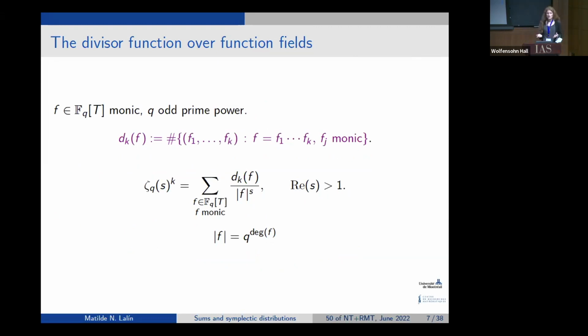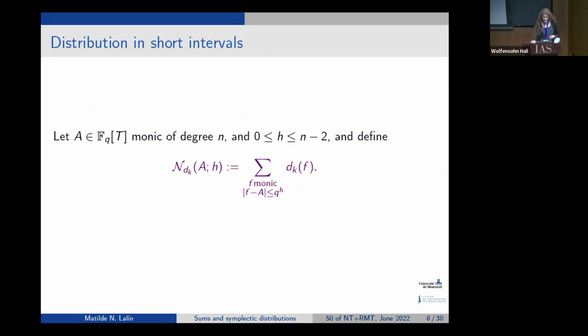And in that context, we still have the divisor function that we can write d_k of f as a way of writing f as a product of k monic factors. And again, it comes from the coefficients of the k-th power of the zeta function. And yes, that's the object of study.